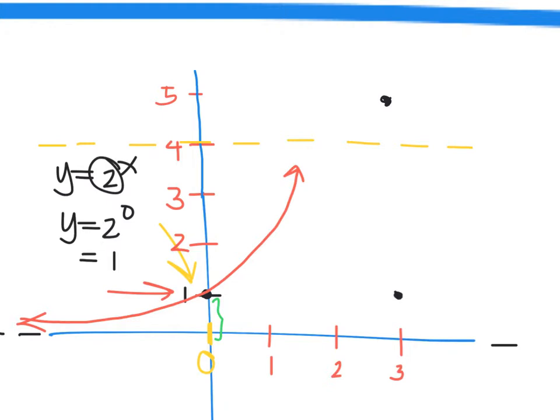It is called translation of axis because the x-axis is like moved to that line, from 0 to y equals 4. And if we have an imaginary line here, this is the y-axis, moved 3 units to the right.